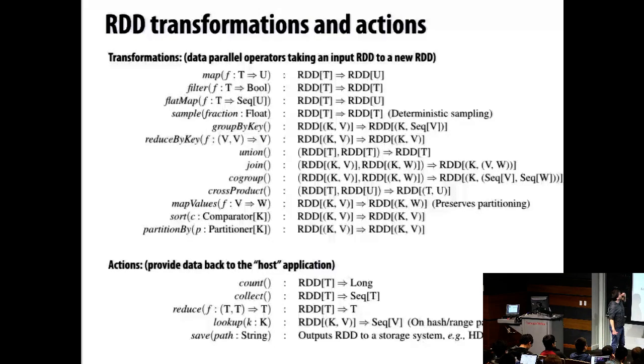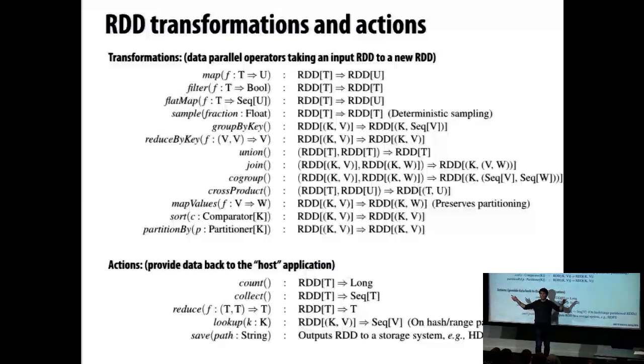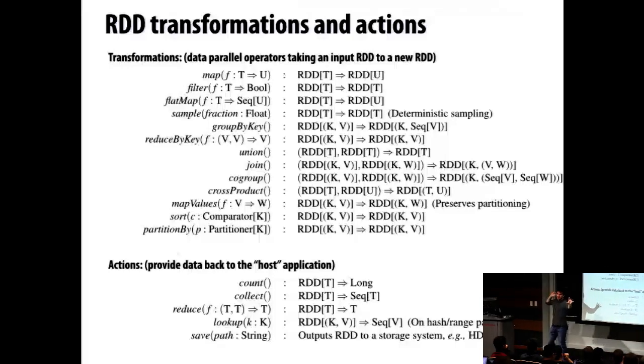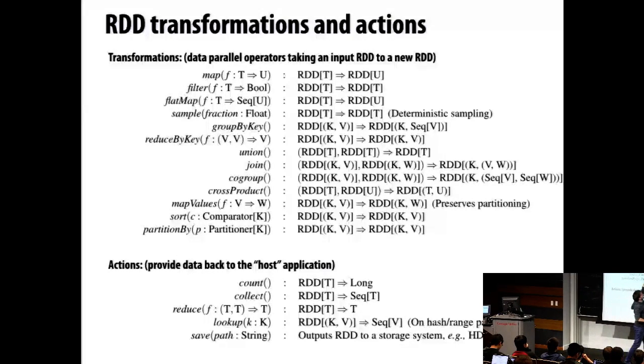Some of them that are probably not in your sequence library would be something like reduce by key, which is the operator that MapReduce uses to collect all the inputs for all of those keys. There's also a database join, which is an interesting one, which takes two collections of keys and values, and then creates a tuple, which is the value from the first sequence and the value from the second sequence that have the same key. So join is a nice little one to look at.